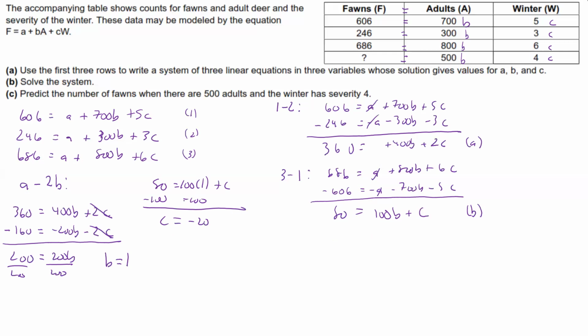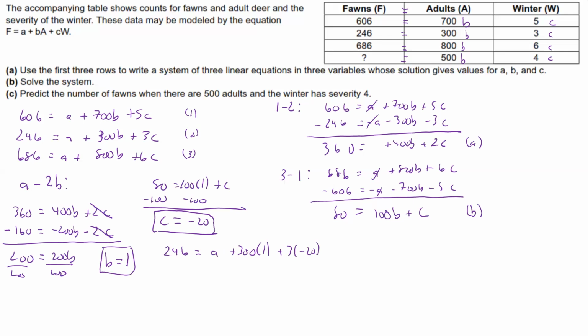And now I can plug this into any of them. Because these have the smaller numbers, I think I'm going to work with number 2. So I've got 246 equals, now I'm looking for A plus 300 times B, and then plus 3 times negative 20.